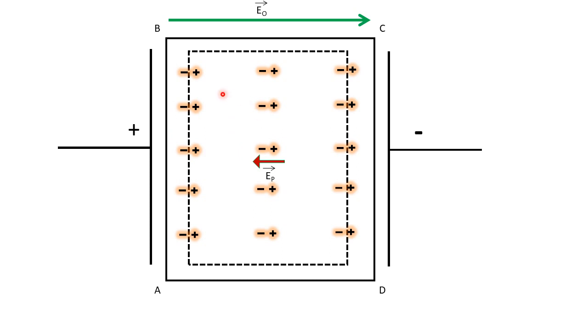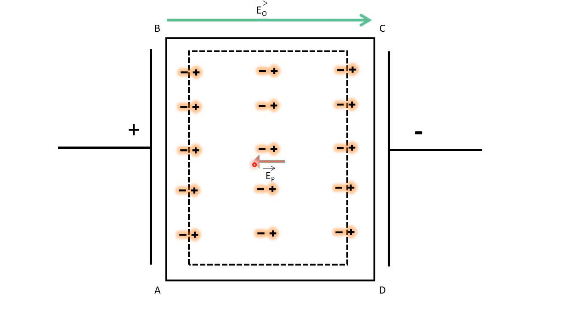You can see these individual electric dipole moment vectors are aligned, directed along the direction of applied external electric field. But internal electric field developed in the dielectric slab is opposite to the direction of applied external electric field.